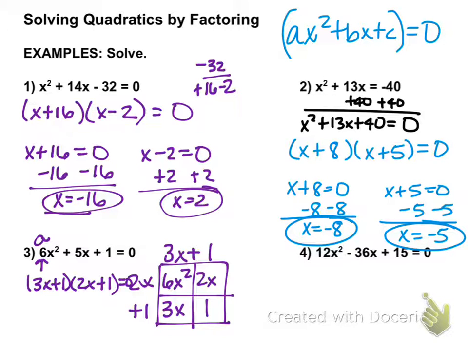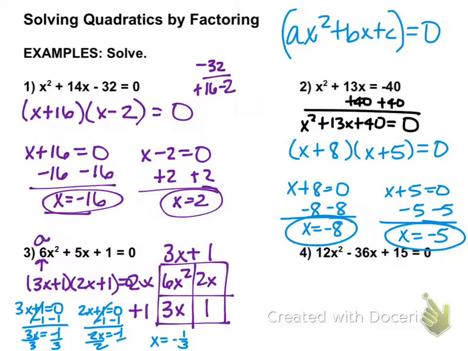So now each one of those is set to 0. So 3x plus 1 is equal to 0, or 2x plus 1 is equal to 0. Solve. It's a little bit more involved solving this way. And so x is equal to negative 1/3, or you can solve here, and so x is equal to negative 1/2.